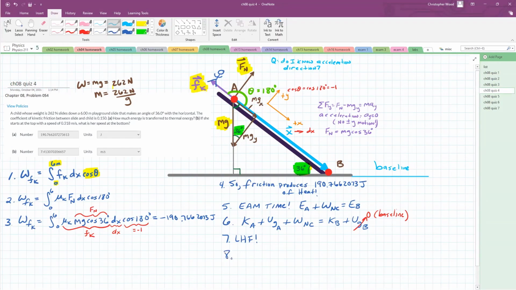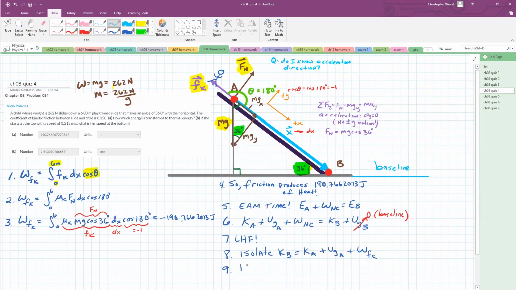But I'm going to solve for KB, isolate KB, because my velocity lives in KB. So KB equals KA plus UGA plus the work. And instead of calling it non-conservative work, I'll just say it's the work due to kinetic friction.